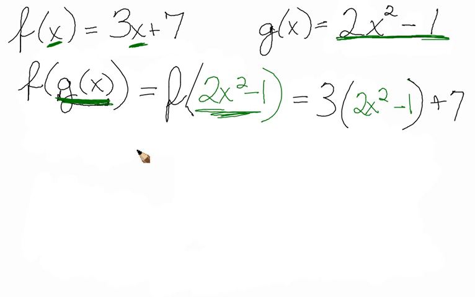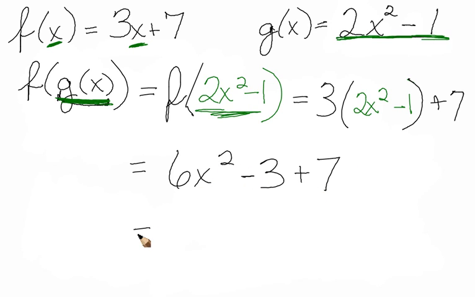All right, good? So we will go ahead and try to simplify this. We can distribute this 3, so we get 6x squared minus 3 plus 7. And we can add some like terms, so 6x squared plus 4. All right, great.